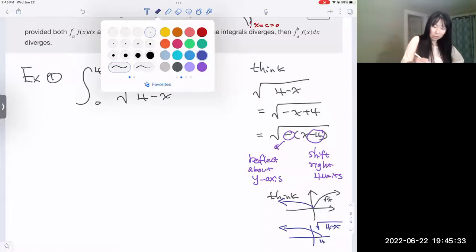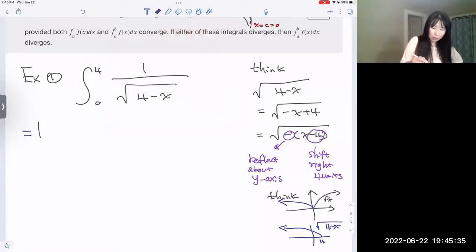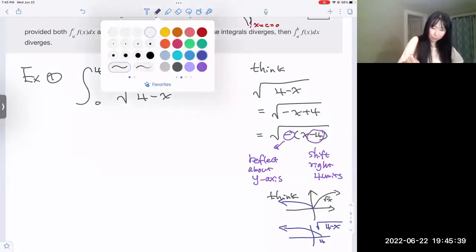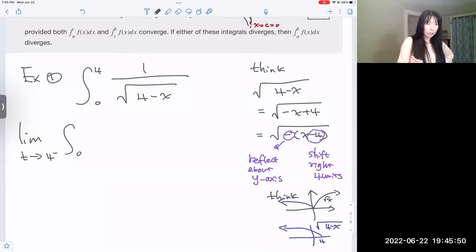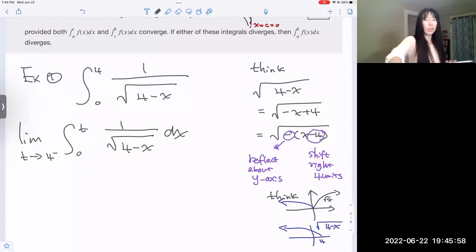So let's write down the limit as T approaches 4 from the left, what I just said. And we do the integral from 0 to t of 1 over square root of 4 minus x dx.